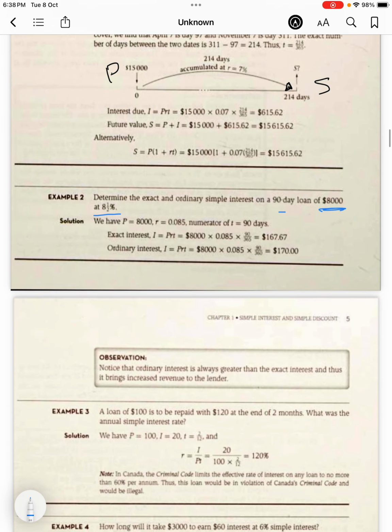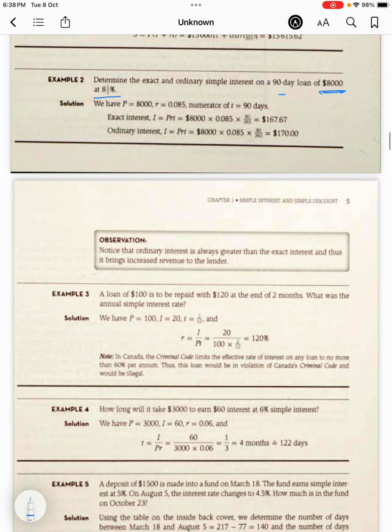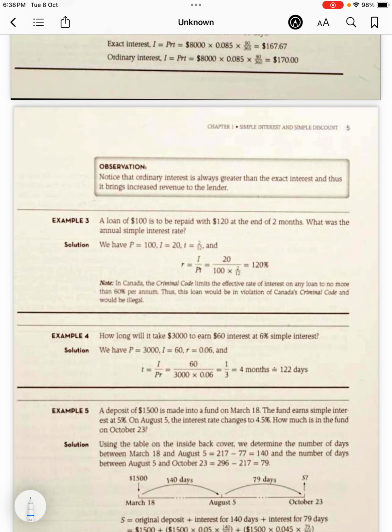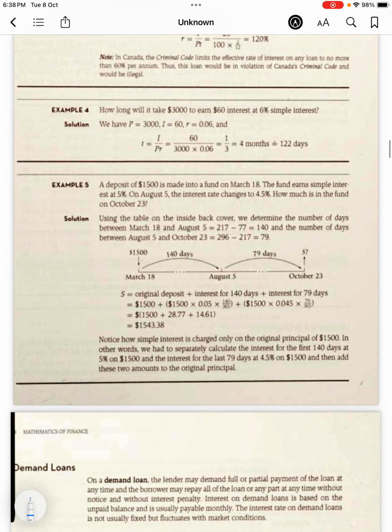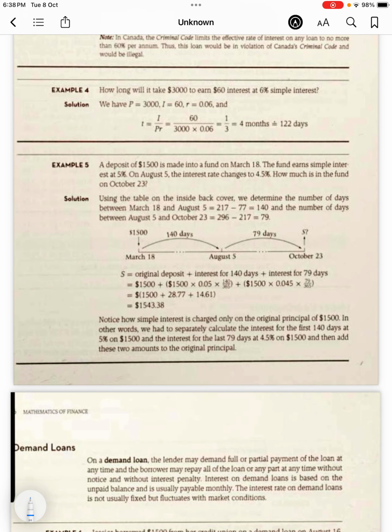You will have here example 3 is easy, example number 4 is easy. Here look at example number 5. A deposit of 1,500 is made into a fund on March 18. The fund earns simple interest at 5%.